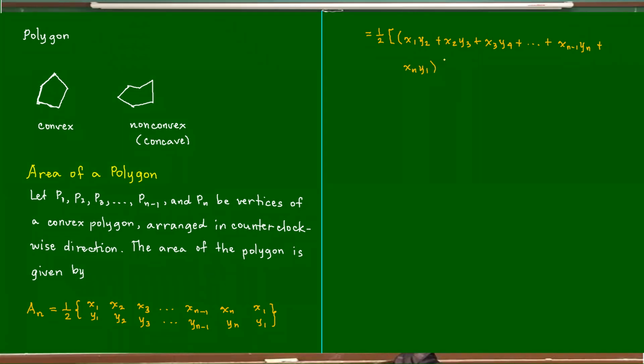And then subtracted from the sum of products, similar but going up. y sub 1 times x sub 2. So then plus y sub 2 x sub 3 plus y sub 3 x sub 4 all the way to, what is the next one, guys?